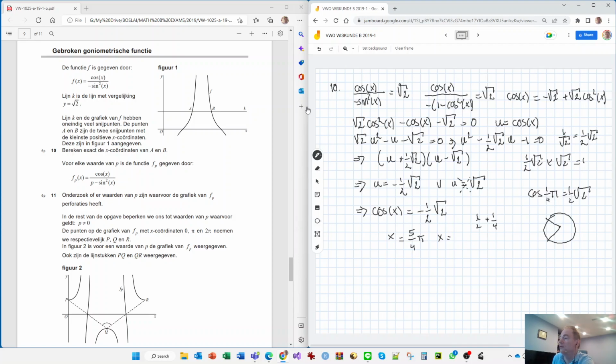No, this is wrong. This is 3/4 pi, of course. And the other is 1 plus 1/4 pi, so it's 5 over 4 pi, which should be the answer to this question.